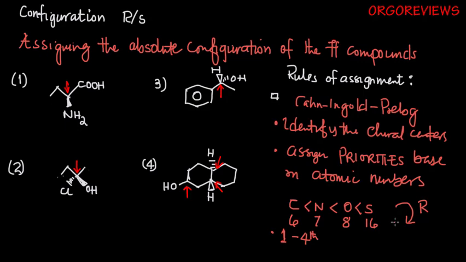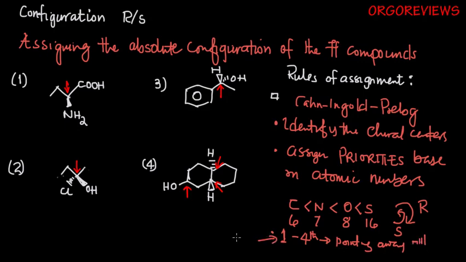In order for this to hold, the lowest priority, which is 4, should always point away from you. So 4 should be pointing away from you. What that means is it should be in a dash configuration. And 1 should be pointing towards you. It should be in a wedge configuration.